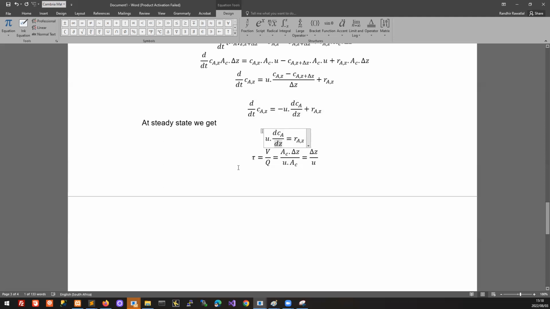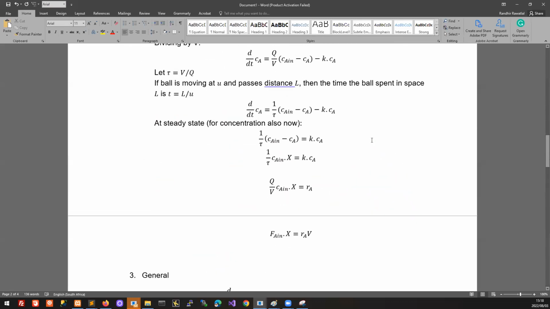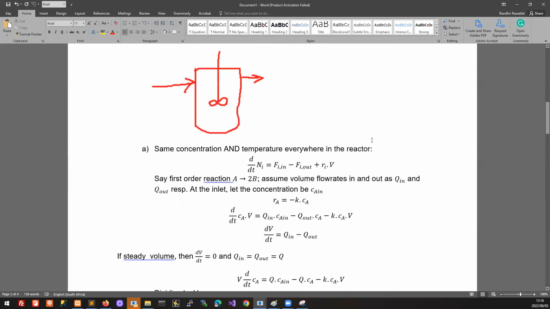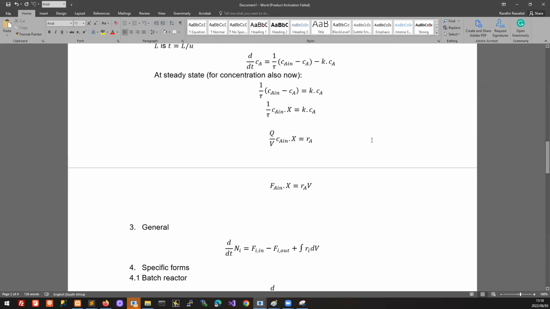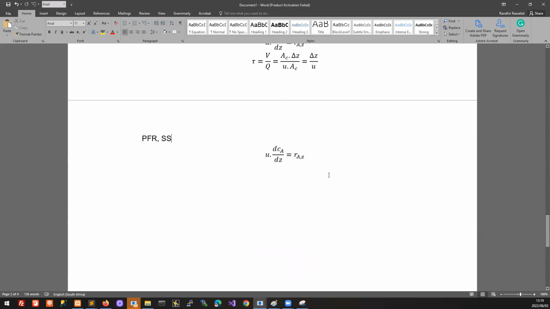Okay, so we have this form of equation. So let's put them all together now. So this is a PFR at steady state. Then we've got a CSTR, which we wrote like that. I wonder, let's just copy both versions. Maybe one would work better with what we have here.